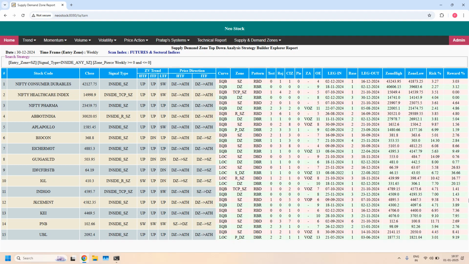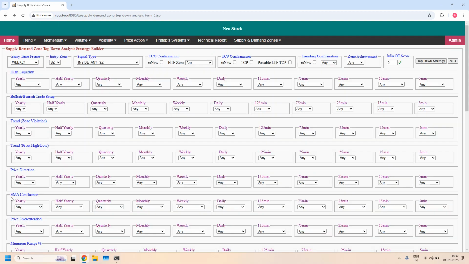We can further filter this list with high probability weekly supply zones having weekly EMA confluence. Let's set that filter for these 15 stocks. So EMA confluence, weekly time frame, I am setting the filter weekly supply zone having weekly EMA confluence, and the trend should not be sideways on weekly, so I am selecting up or down.